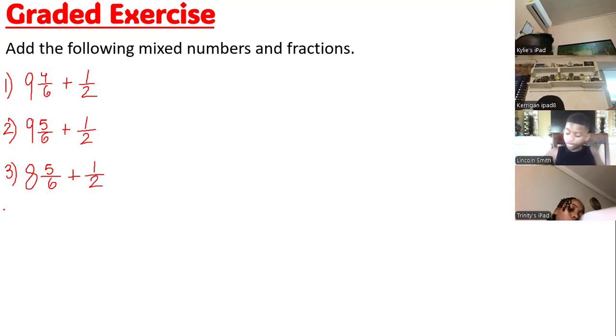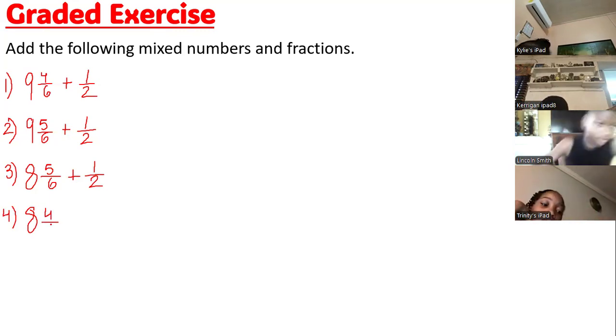Number 4. We have 8 and 4/6 plus a half.